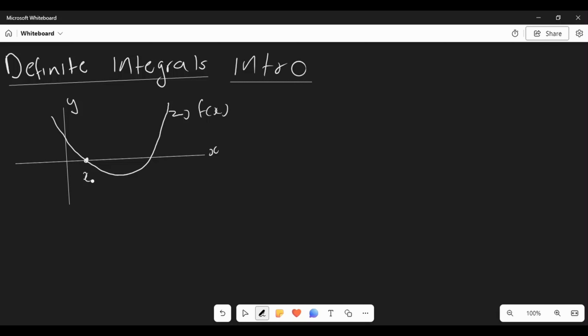Let's call this point x1 and this point x2. The range could be anywhere within the x-axis, but for this example we're going to use x1 and x2 as the range because it's given to you. We're going to use this to explain exactly the definite integral.